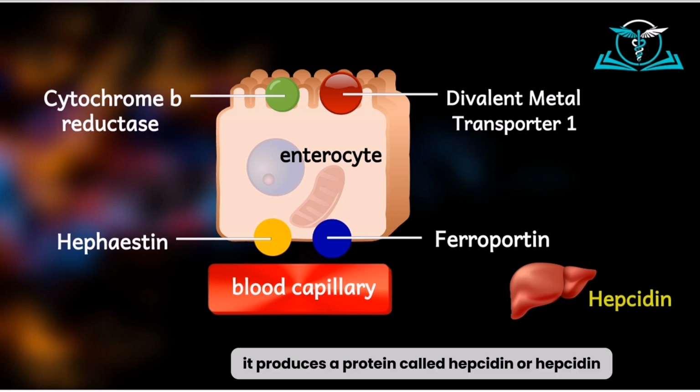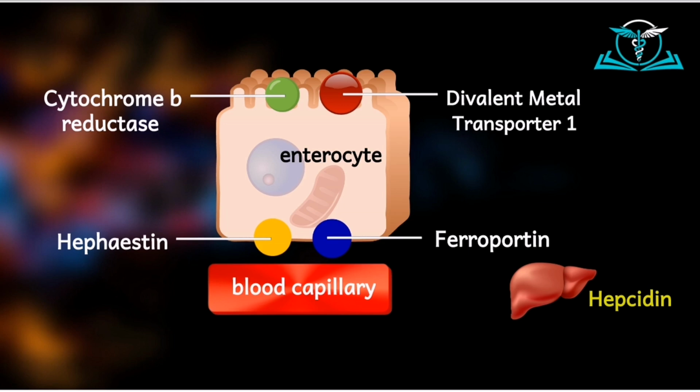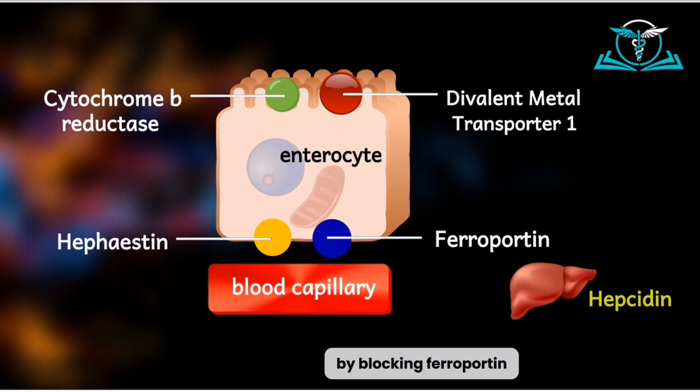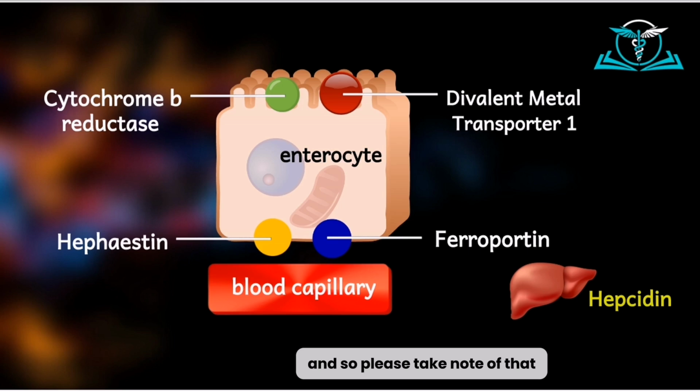It produces a protein called hepcidin during inflammatory states, usually chronic inflammatory states. Hepcidin regulates iron entry into the blood by blocking ferroportin. And so please take note that the liver regulates the iron entry into the blood by producing hepcidin, which blocks the protein ferroportin.